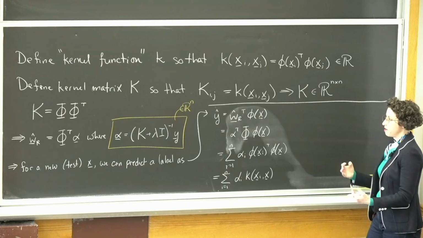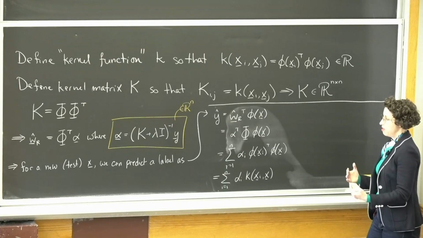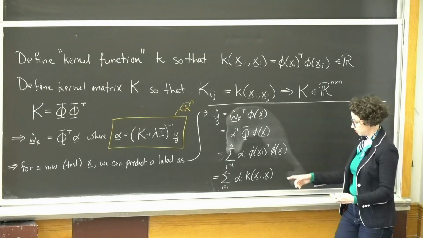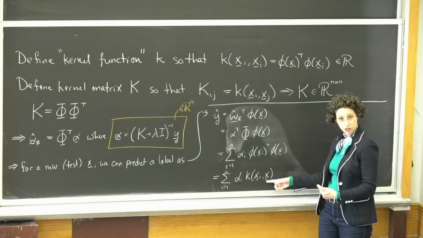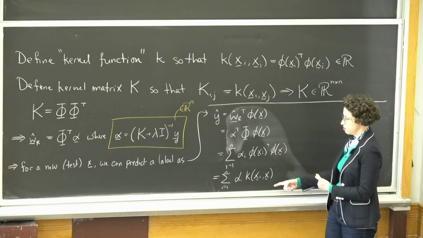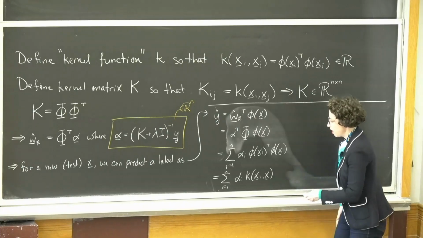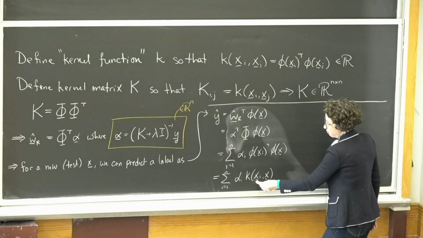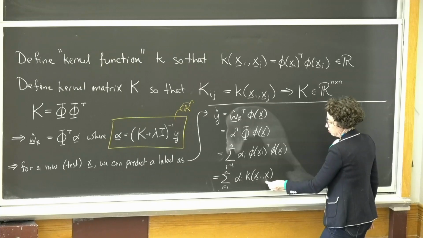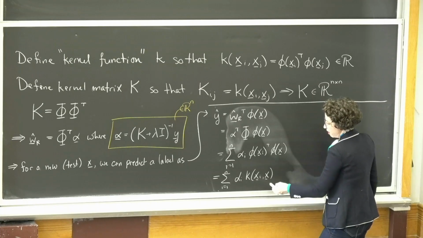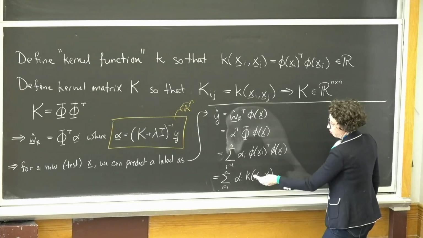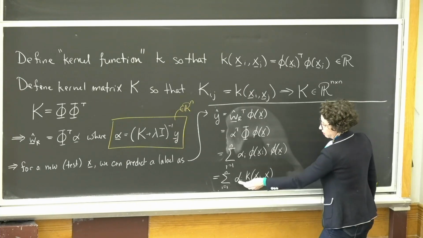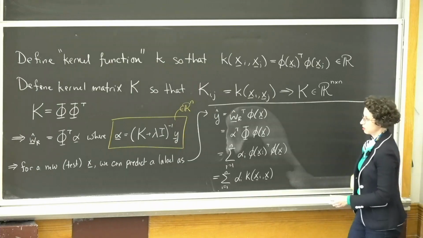Once I've got that weight vector alpha, then when I get a new test feature vector x, I also don't have to use this phi mapping. I rather just compute my kernel function for every training sample and my new test feature vector, and I compute a weighted sum of those outputs of that kernel function where the alphas give me the weights.